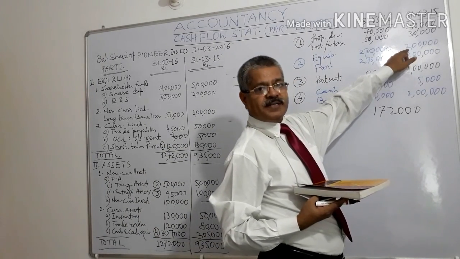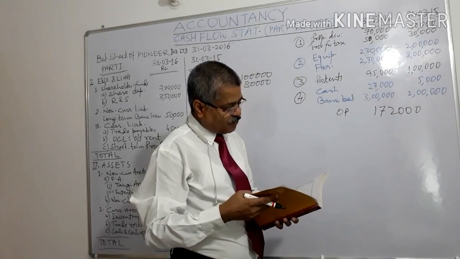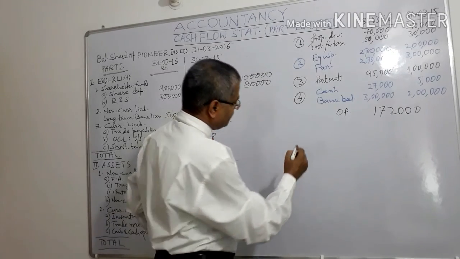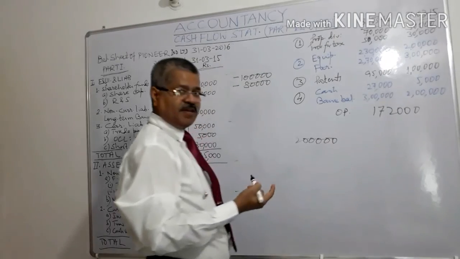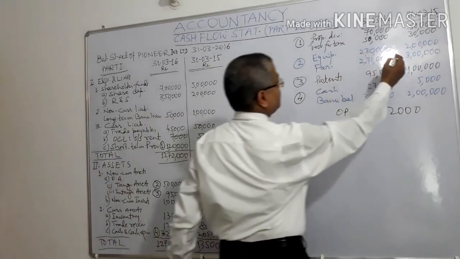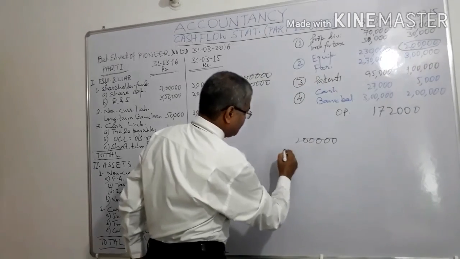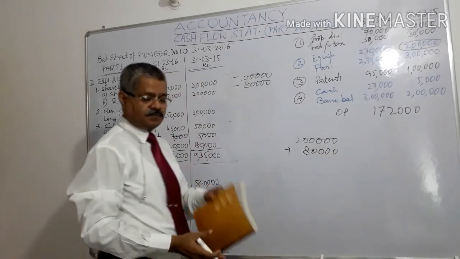It was 200,000, right? Additional information is during the year equipment costing 80,000 was purchased, right? So previous year it was 200,000, and what did we do? 80,000 was added.